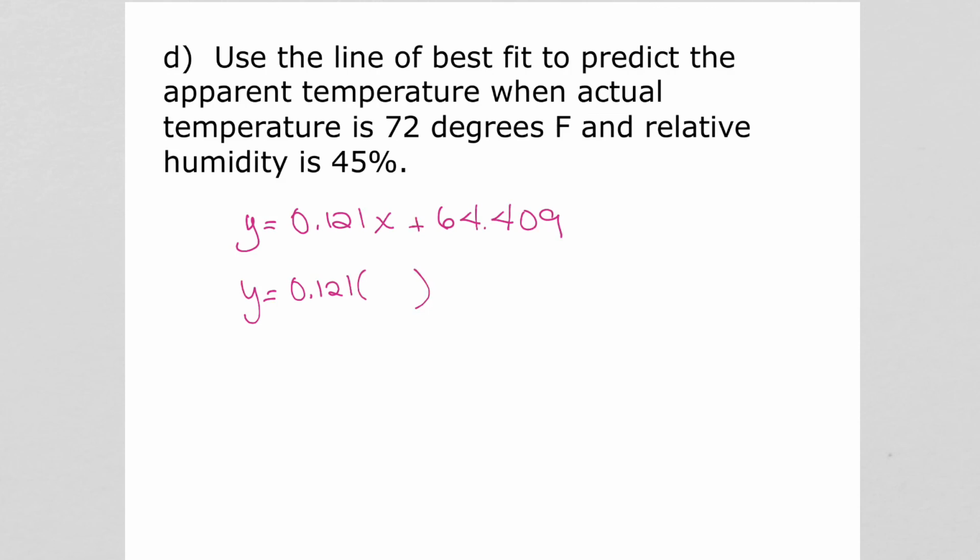And we're going to plug in 45 for x. Put that in the calculator and we get 69.85. Don't forget your units. What is that? Degrees. 69.85 degrees when the relative humidity is 45%.